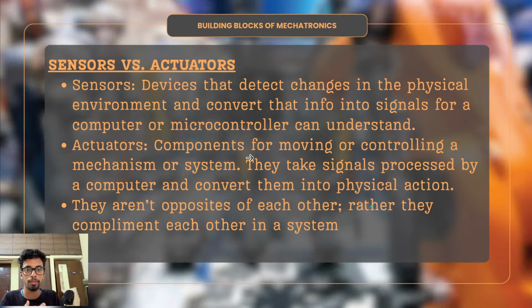So let's go on. We'll start with the first part, building blocks of mechatronics. Here there are actually two components, but I should have put them on separate slides. For now, just focus on whatever I'm explaining. Sensors versus actuators. Just remember the loop that we just talked about: sense, think, act. Sensors address step 1 of the loop, so sensing. I'm sure all of you have heard of sensors at some point.